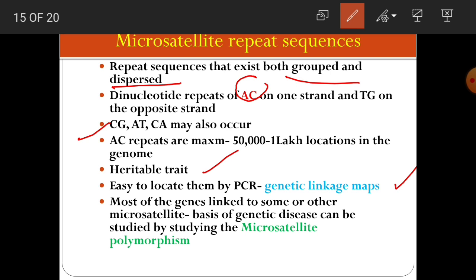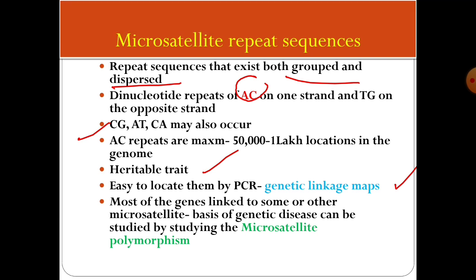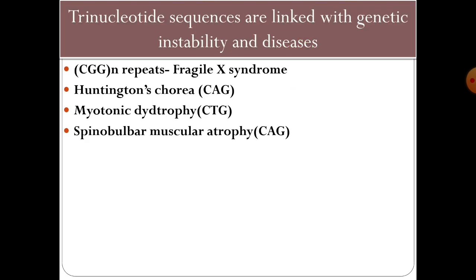They are used for studying the microsatellite polymorphism in different genetic diseases. Similarly, there might be trinucleotide sequences, and usually they are associated with genetic instability and hence lead to diseases.